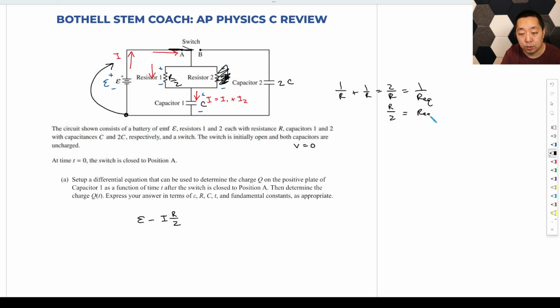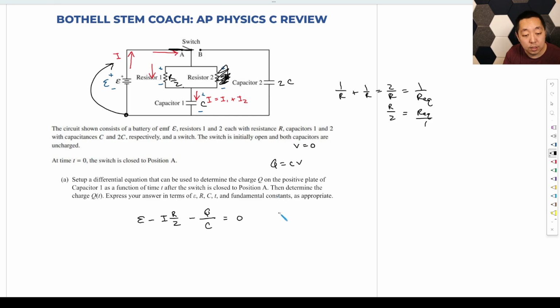Then minus the voltage across the capacitor. Q equals CV, so the voltage is Q over C. And that has to add to 0. We went up here, we dropped here, we dropped here, and that has to add to 0.